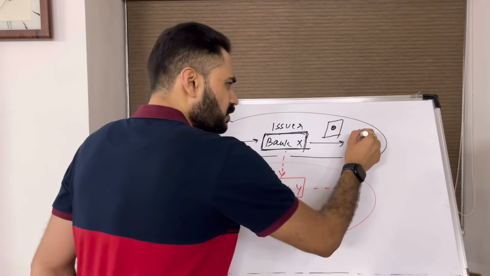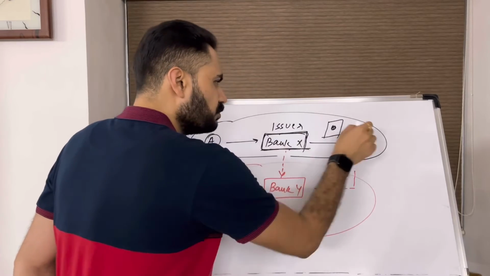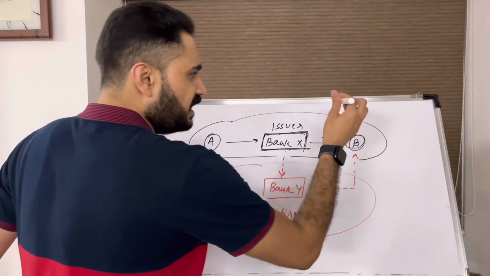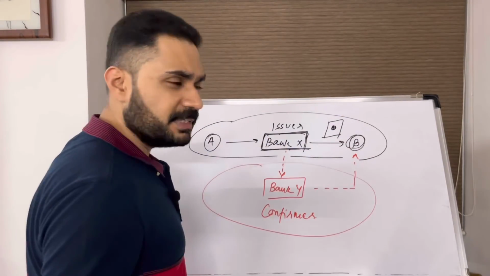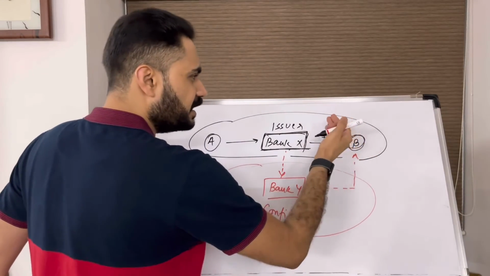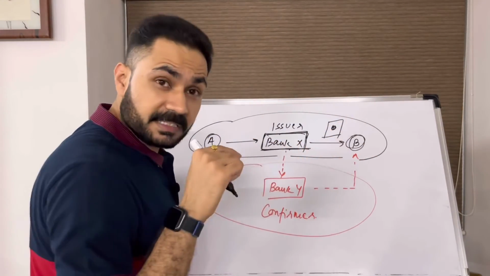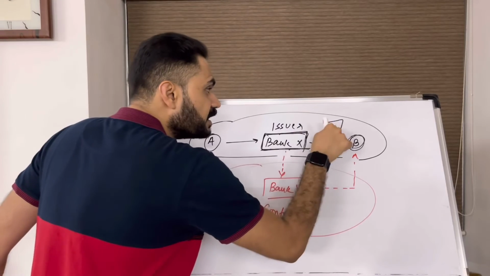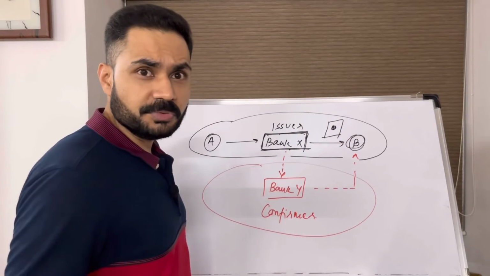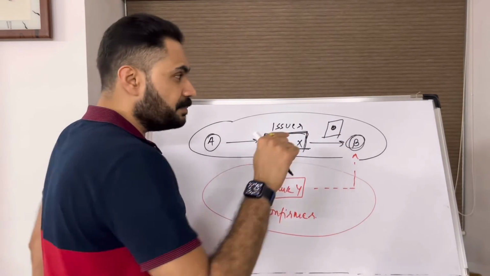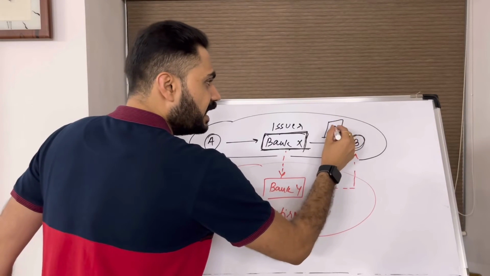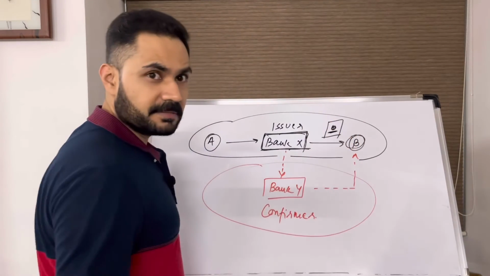So suppose this particular branch of bank X was in the location of the beneficiary itself, then the beneficiary has to present at the branch from where this particular undertaking was issued. Else the presentation is to be made at the address which is mentioned in this undertaking.